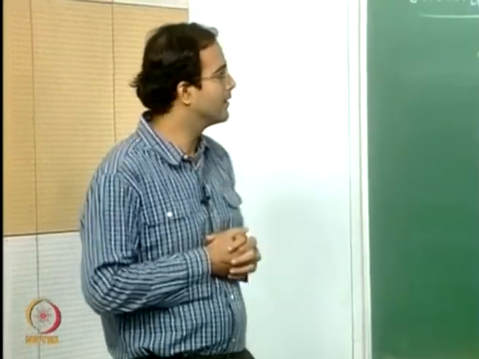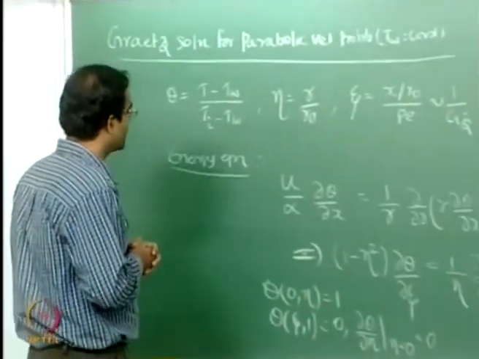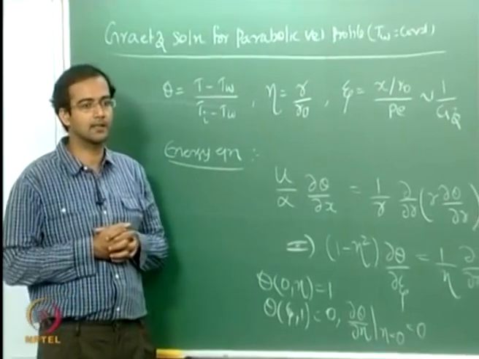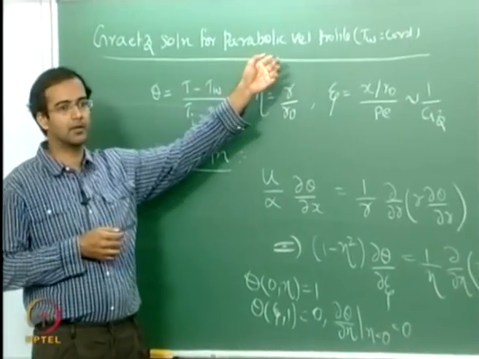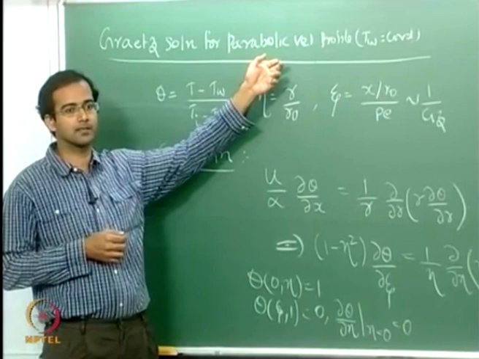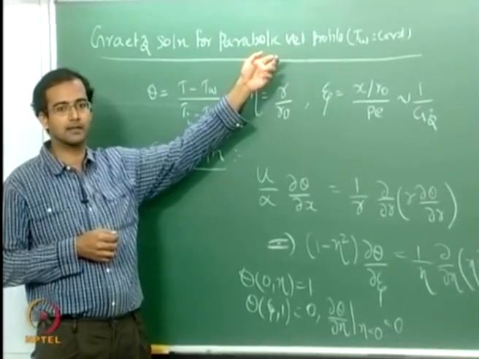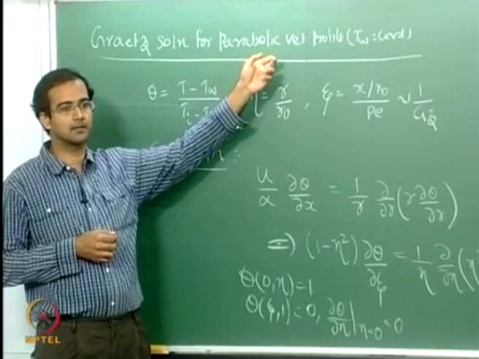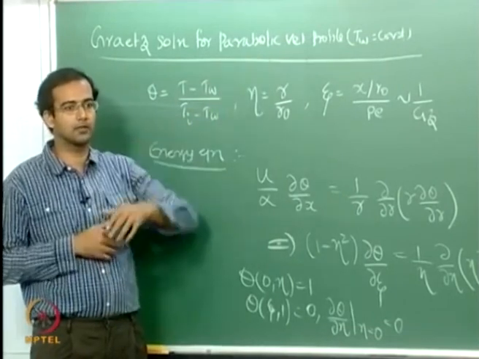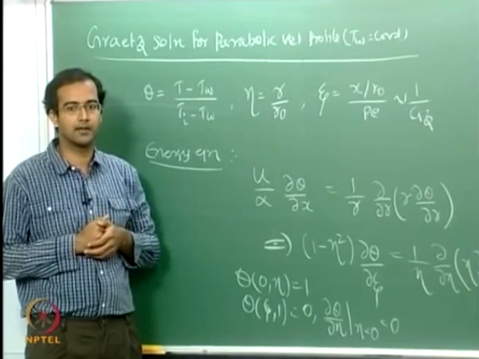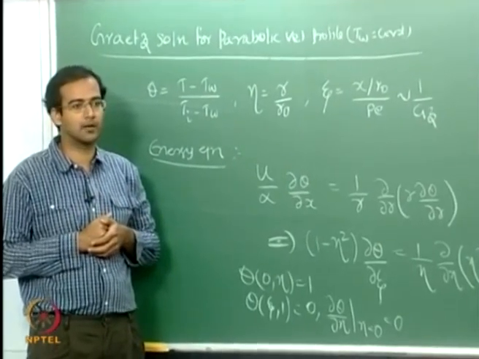Now the same problem can be extended to a more realistic case, that is, for a parabolic velocity profile. This extension was done by a group of people, Sellars, Tribus et al, and I have posted that in the Moodle. You can just have a look at how originally in 1954 they did the extension to the Graetz problem.